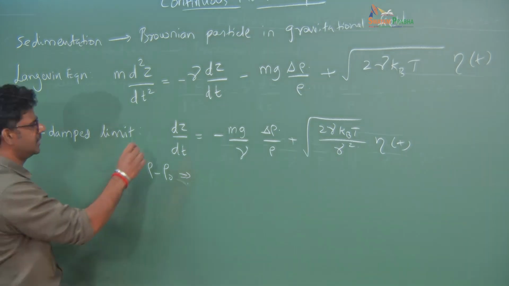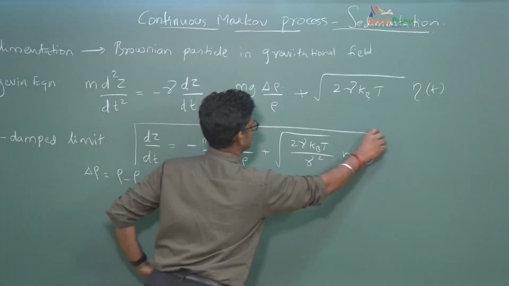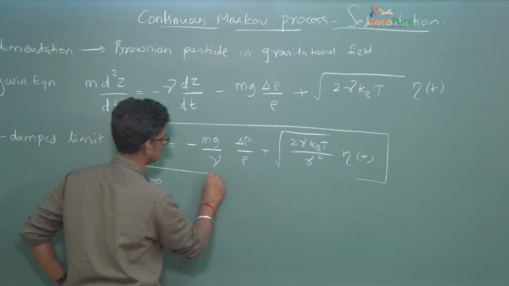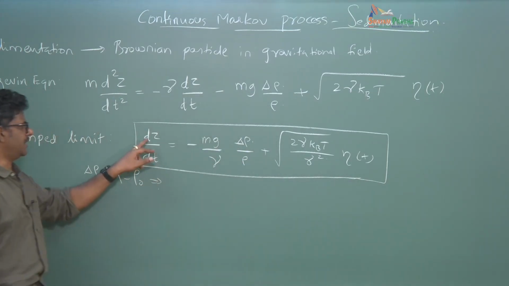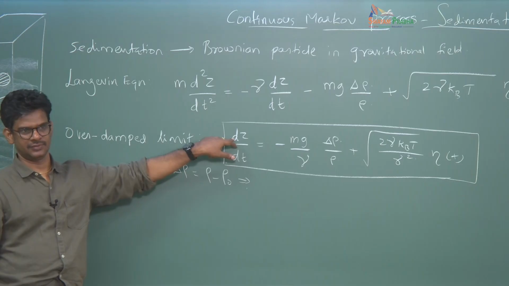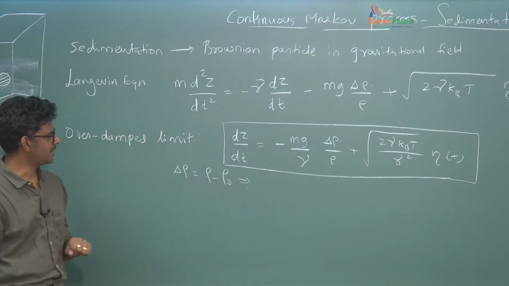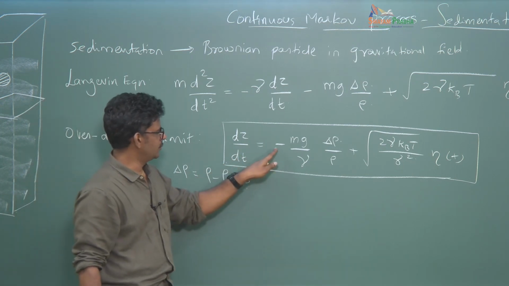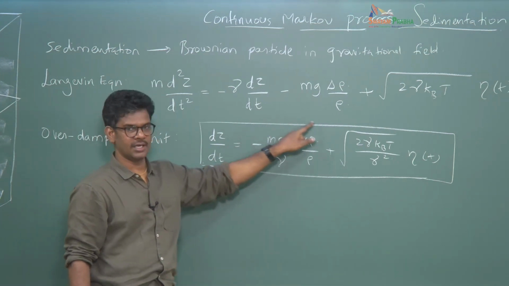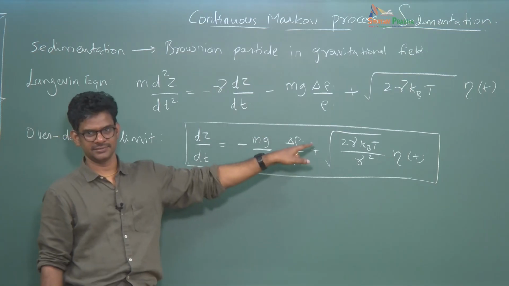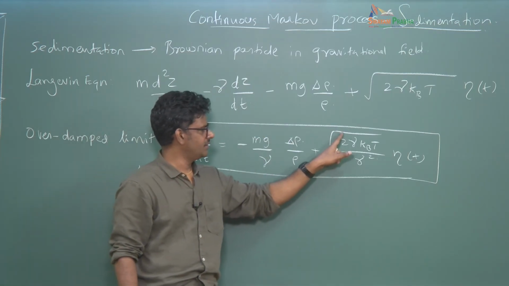So here you can see the rate of change of the particle position. I am talking about the Langevin equation for the particle position in the z dimension. You get a drift term here, this is A, and whatever you see within the bracket.